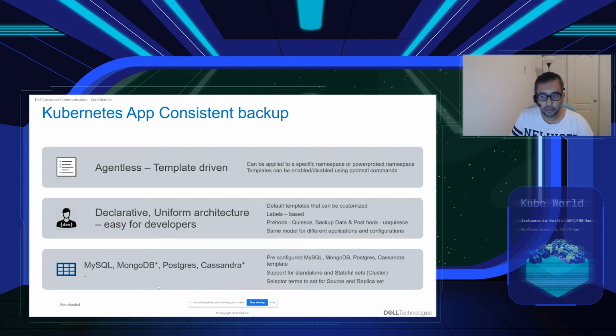There's a concept of a pre-hook and a post-hook. The pre-hook performs operations on the database, making sure that all the IOs are paused. With the quiesce command, you flush all the data to disk, and then you take a backup. Similarly, in the post-hook, we unquiesce the database so the IOs can continue. It's the same model regardless of the different kinds of applications. We support a number of applications today, and we continue to add more and more.